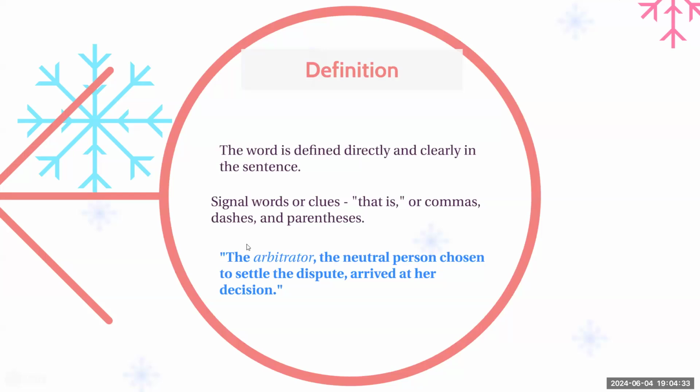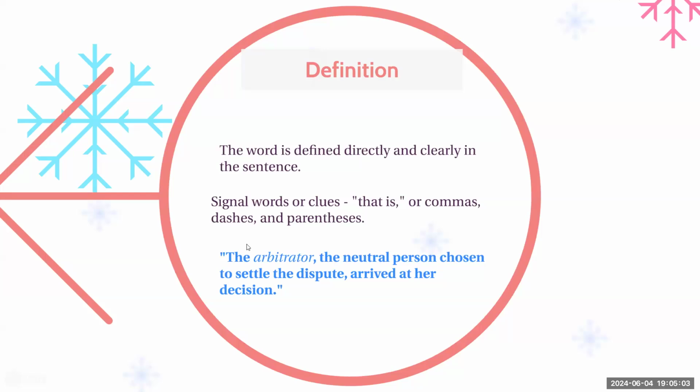Yes? So for example, the arbitrator, comma, the neutral person chosen to settle the dispute, comma, arrived at her decision. What do you think arbitrator means? What is it?